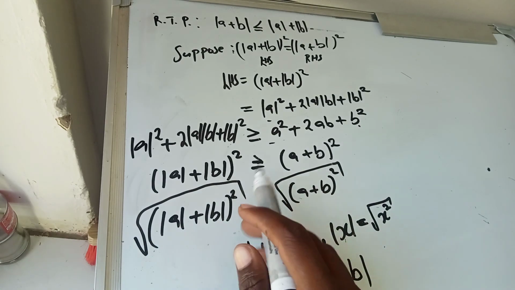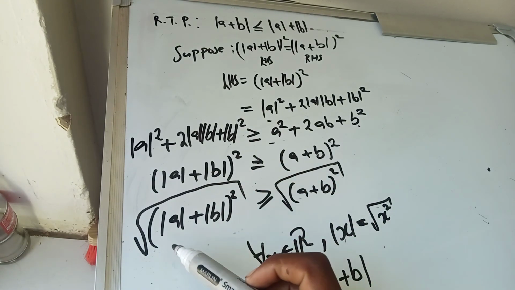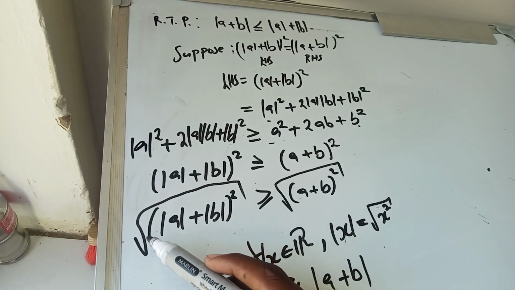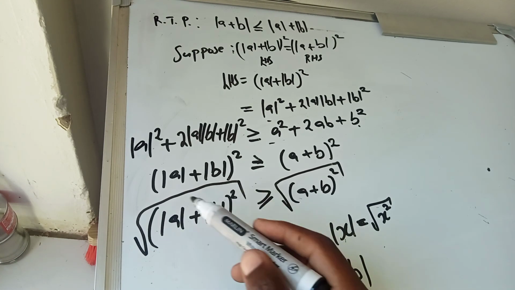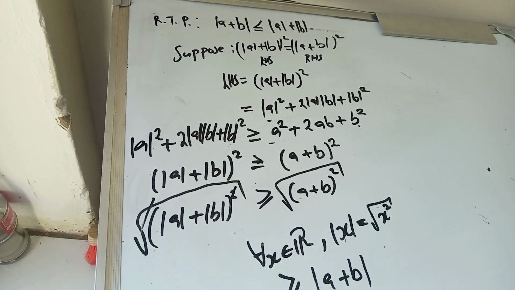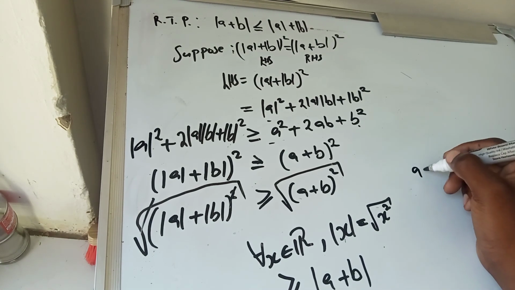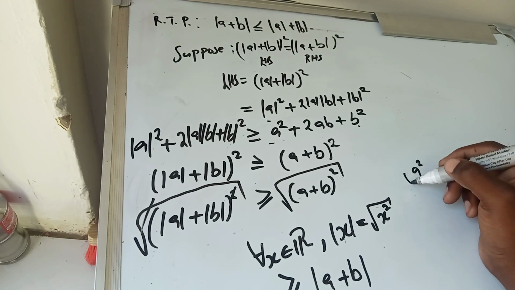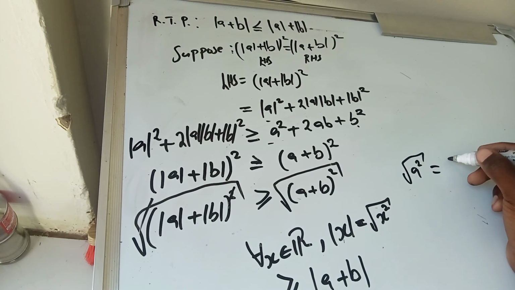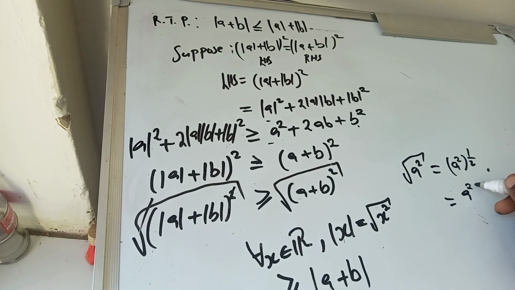Then now allow me to simply write this. Remember that this is a square root and that is a square, then this and that cancel each other. To remind you, the square root of a squared is a squared to the power of 1 over 2, which is equal to a to the 2 times 1 over 2, which is equal to a to the power 1, because this and that go out, which is equal to a.